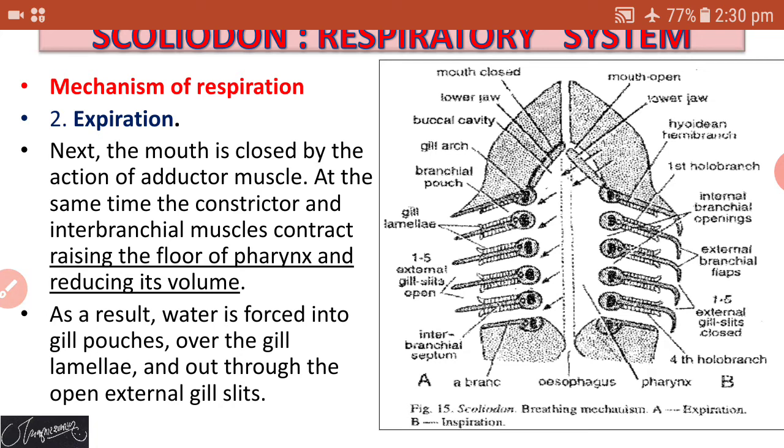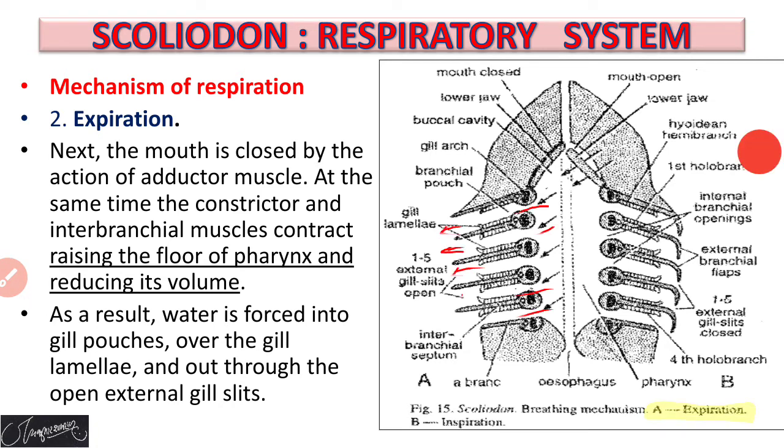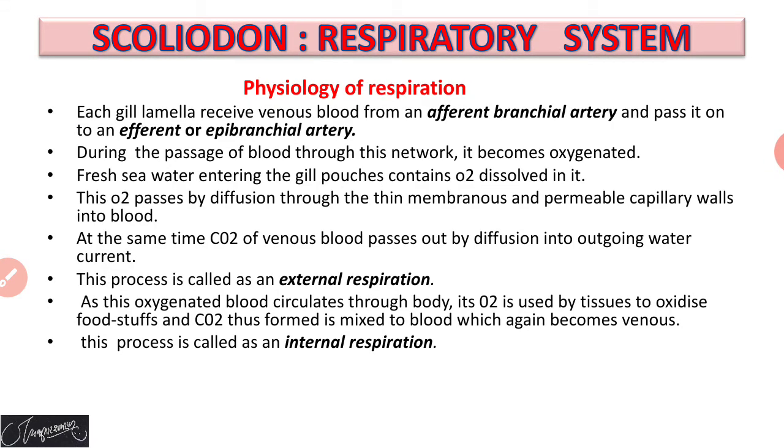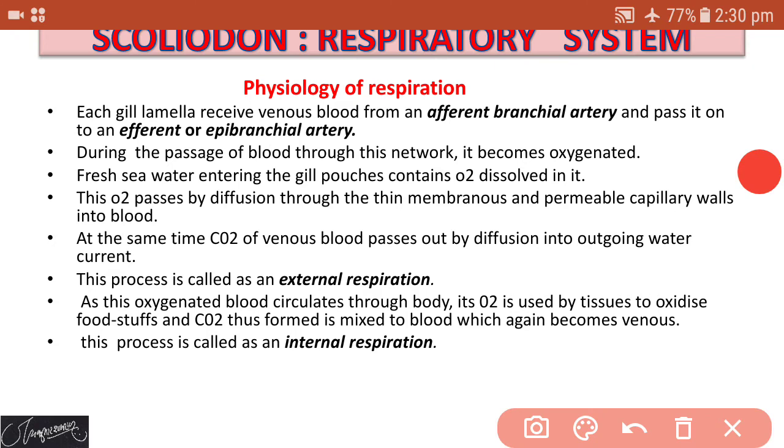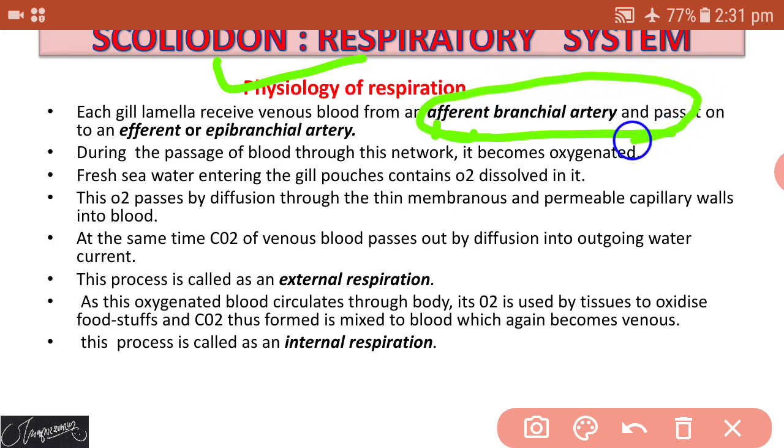Then, the next point is about the physiology of respiration. Each gill lamella receives venous blood from afferent branchial arteries. The gill lamellae have two types of blood vessels, the afferent branchial artery and the efferent branchial artery.